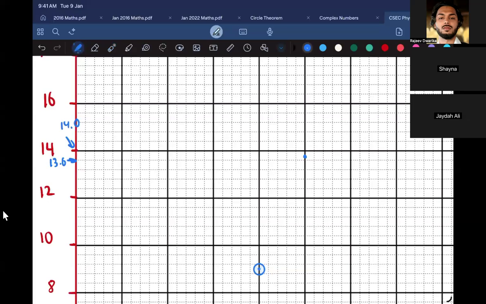So if the middle is 13.8, you just have to nudge a little below to show 13.7. Let me know if you understand that. Yes, I do. Nice.